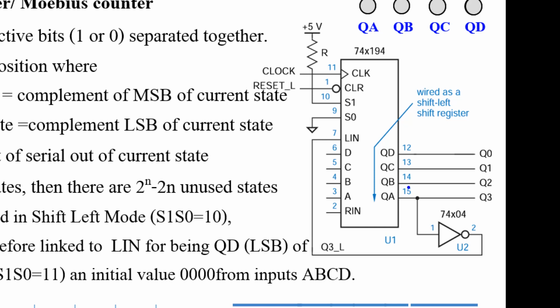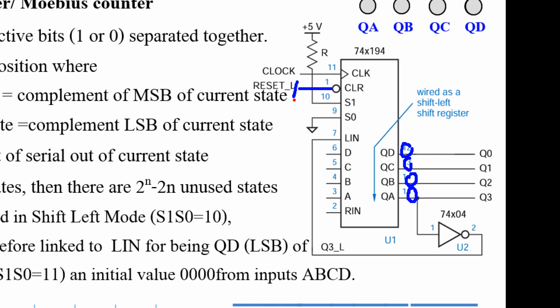At the beginning, if you start by clear, then QA, QB, QC, and QD become 0, 0, 0, 0 immediately. Okay, clear by applying 0 here, and after that apply 1 here, not clear.